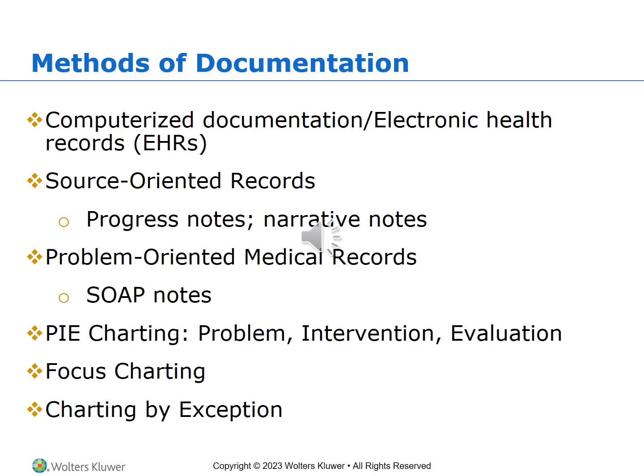Then we have something called PIE charting, which is the problem, intervention, and evaluation of the intervention. Focus charting, so you just focus on one particular area, and charting by exception. So you're only charting any abnormal findings. Everything that appears normal does not need to be charted. It is understood.